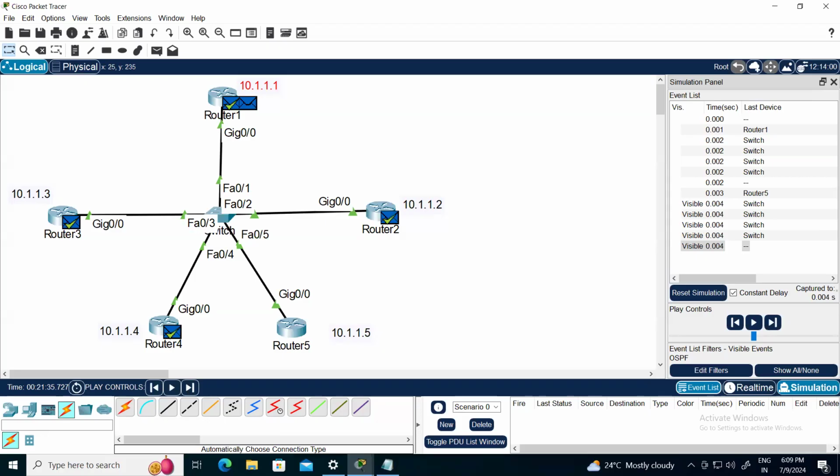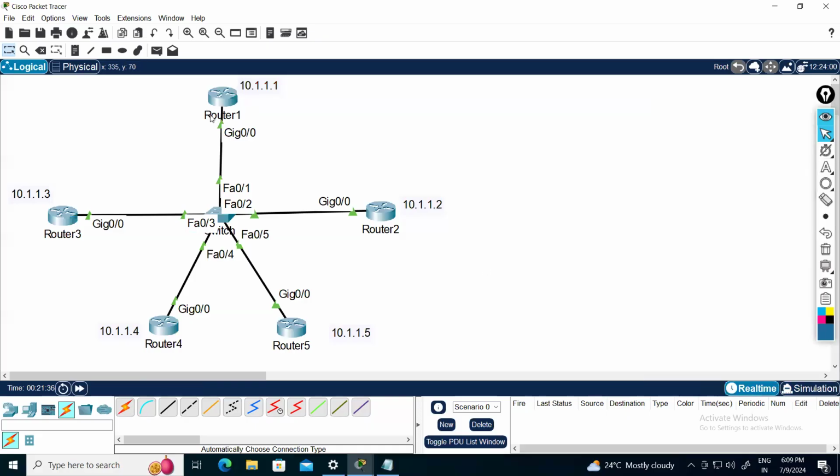Can you please do the same thing in the real-time mode in the console CLI? Like which thing in the CLI? This message thing, transferring the message. Messages we cannot capture, right? In the CLI, we cannot capture the messages.